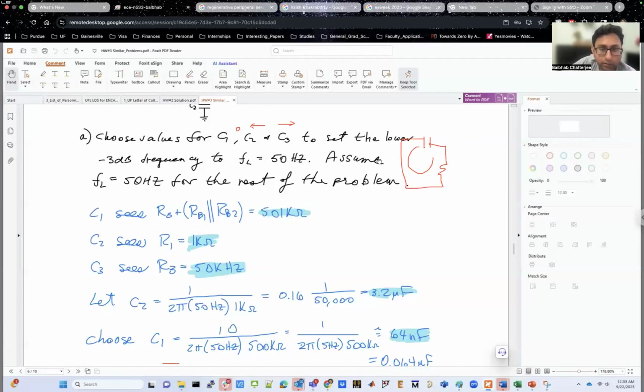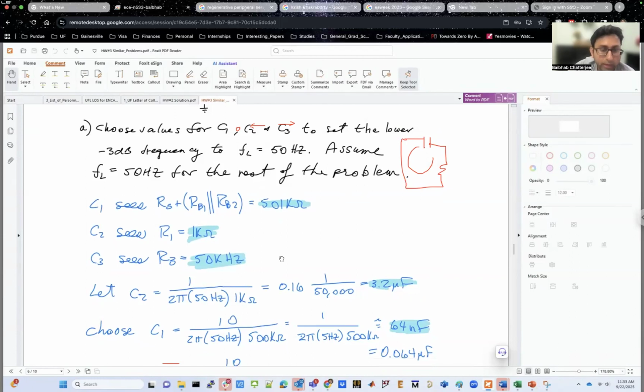If your lower minus 3 dB frequency, or basically the 3 dB pole that you want to have, is at 50 Hertz, you can select any of these capacitors to be at that 50 Hertz. But we already discussed in the previous class that it's important to have a first order system whenever you're dealing with op-amps. So you should not have all the three poles on the same location.